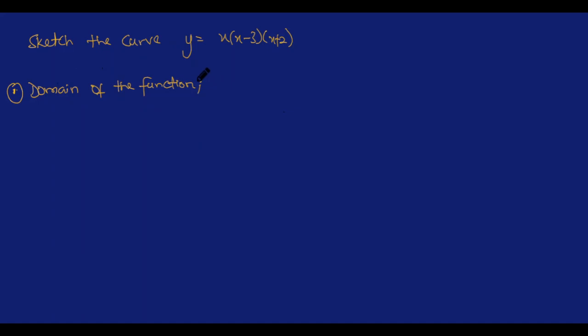It is evident that this is a polynomial, and for every value of x, the function is defined. Hence, the domain of the function is minus infinity to infinity, because the function is defined for all x.